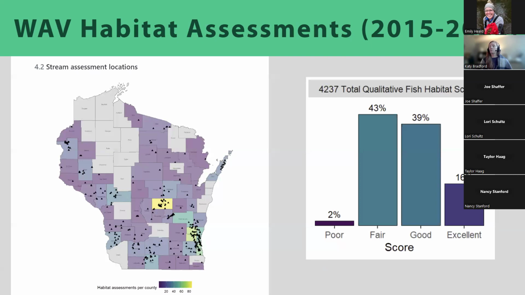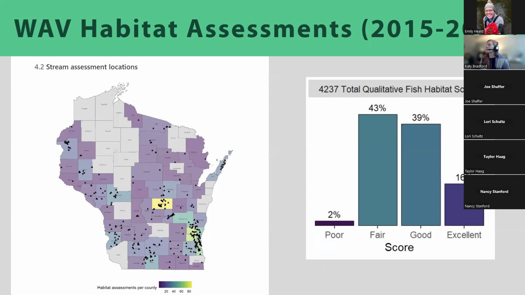We've been doing WAVE habitat assessments using generally this method since 2015. Every triangle on this map is a stream habitat assessment that has been completed since 2015. There are parts of the state where they're very concentrated and parts where we don't have any stream habitat data from WAVE volunteers.